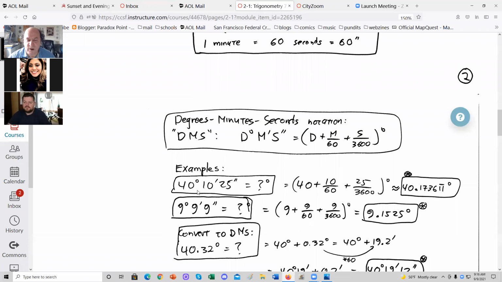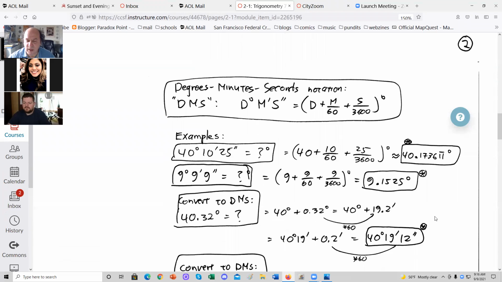For example, 40 degrees, 10 minutes, 25 seconds is 40 plus 10/60ths plus 25/3600ths of a degree, which comes out to 40.173611 repeating forever degrees. 9 degrees, 9 minutes, 9 seconds is 9 plus 9/60ths plus 9/3600ths of a degree, which is 9.1525 degrees.